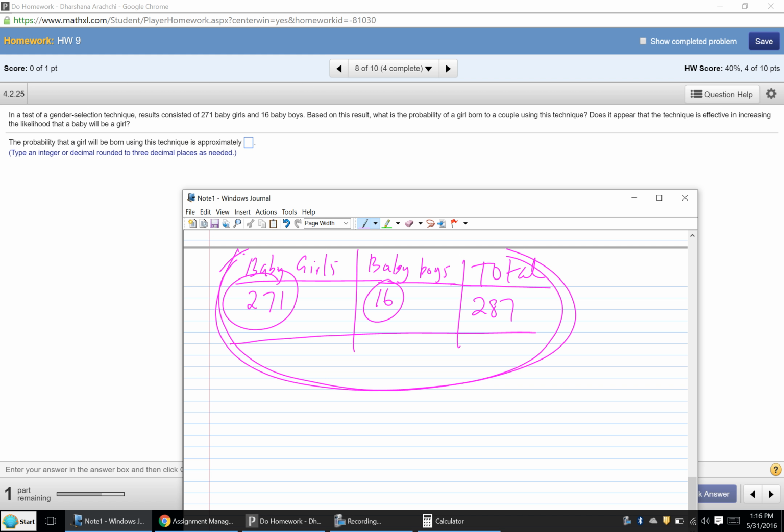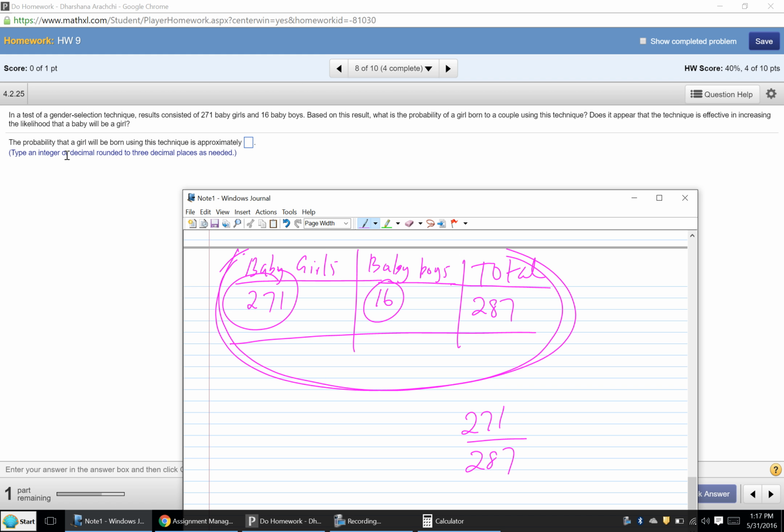So we have 287 as the sample space. Out of 287, 271 were baby girls. So the probability that the next baby is a baby girl is 271 over 287.